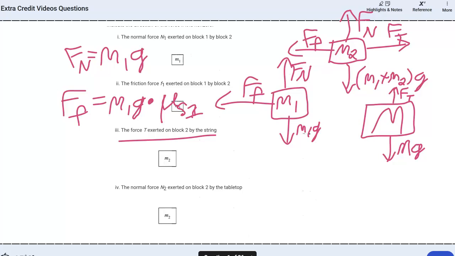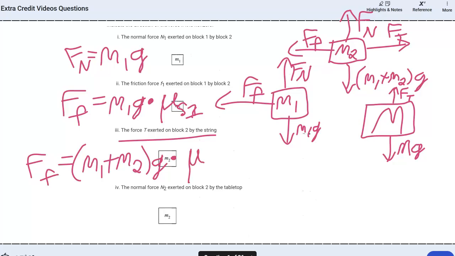Our frictional force is going to be equal to the normal force, and the normal force equals the weight force because it's in equilibrium, times our coefficient of static friction between block 2 and the table.